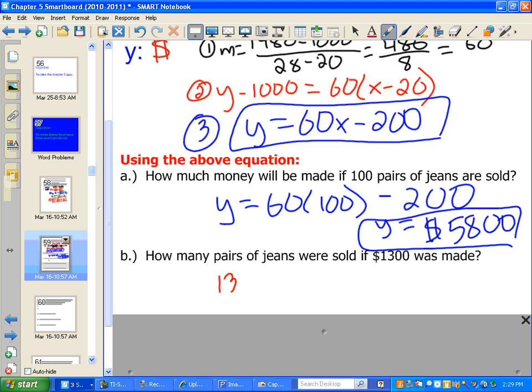So we have 1,300 equals 60X minus 200. Go ahead and take a minute and solve and tell me how many jeans they sold to make that much money.